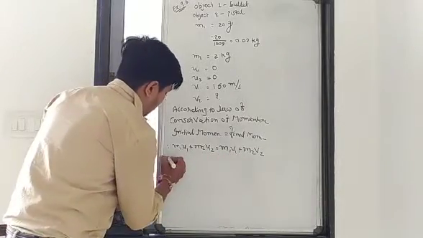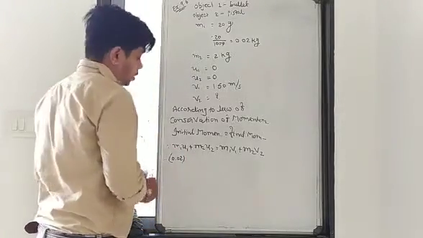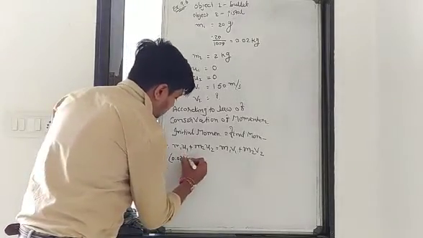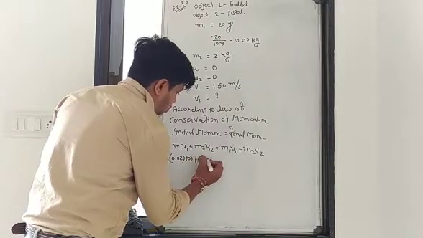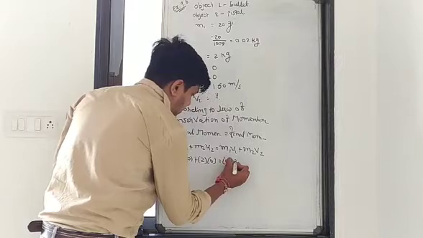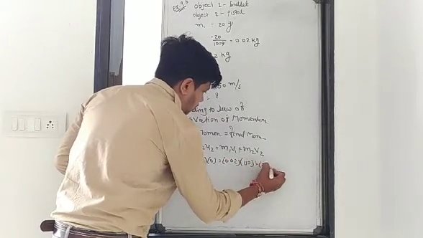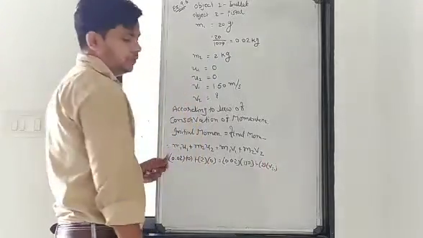Put the values. m1 is 0.02, u1 is 0, m2 is 2, u2 is 0. m1 is 0.02, v1 is 150, plus 2, v2 you have to find.